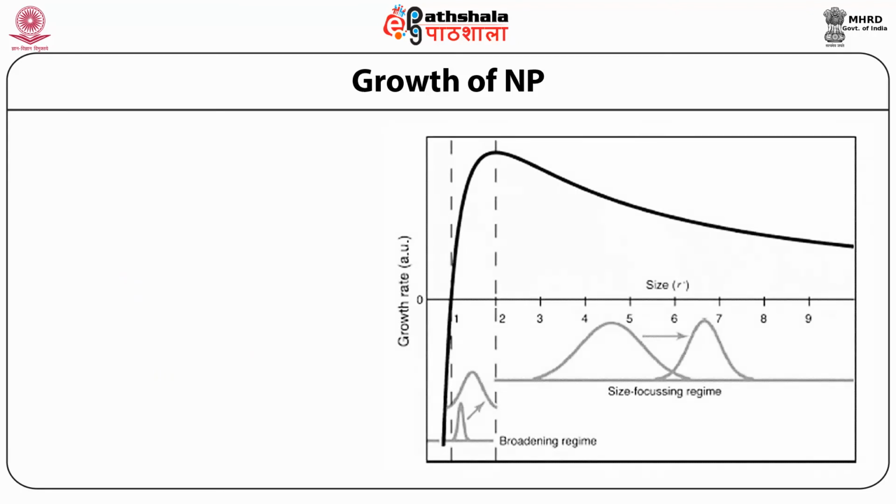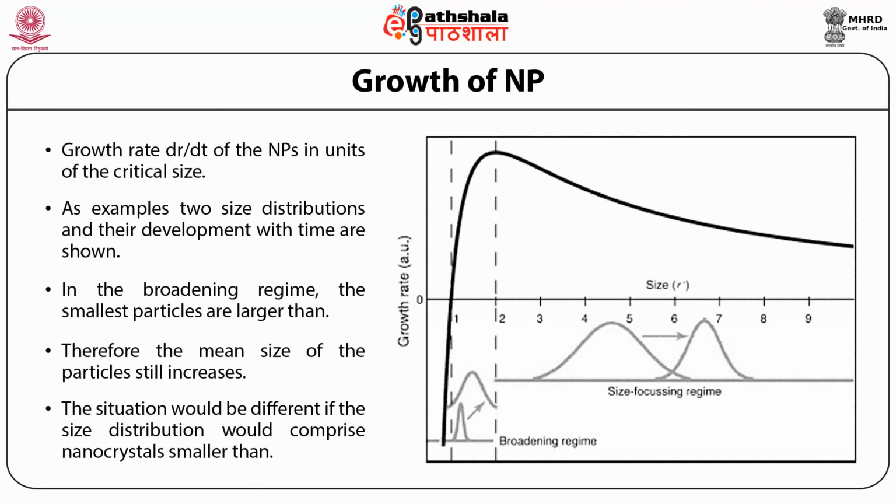The general dependence of the growth rate on the radius of the crystal is illustrated in this figure. It is interesting to note the presence of a maximum at a radius of 2r*.